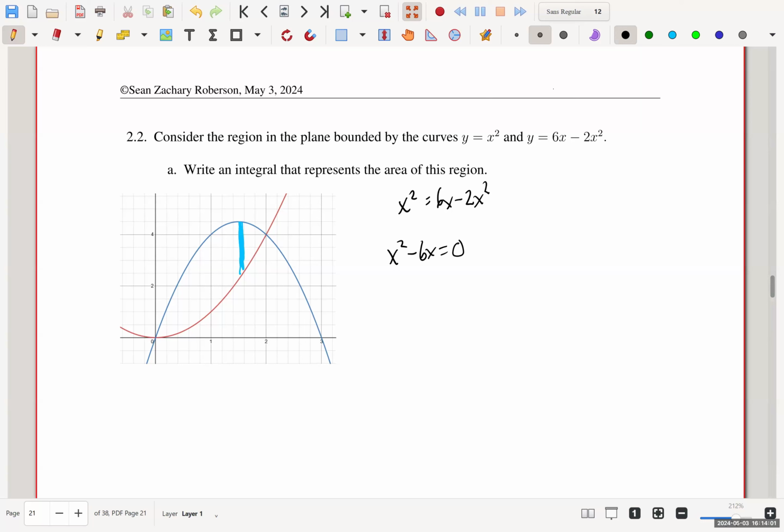Wait a minute, that should be a 3. There we go. Add 2x squared to both sides. Now factor, GCF. I have 3x times x minus 2. So we have x equals 0, x equals 2, and that certainly agrees with my picture here.